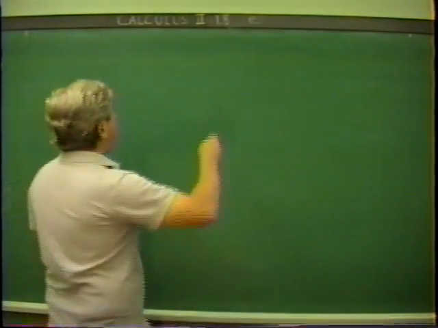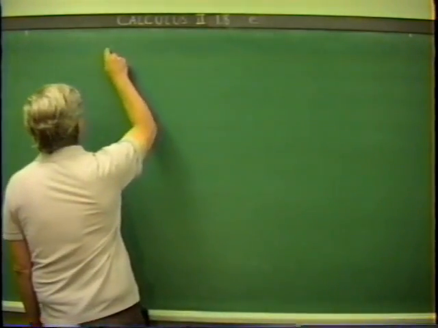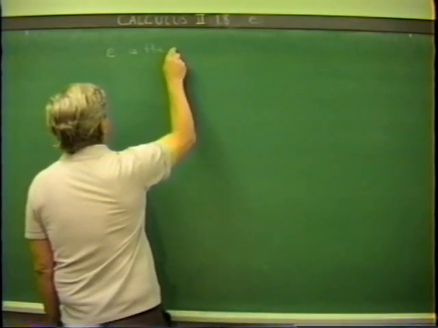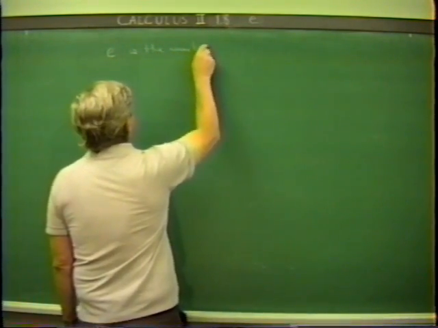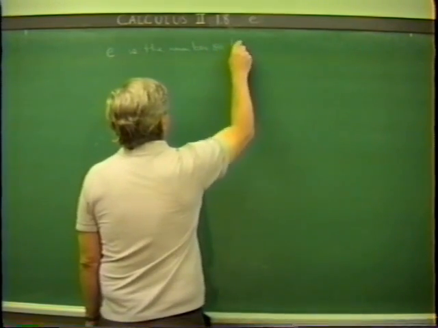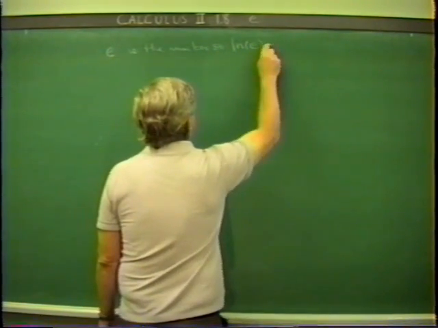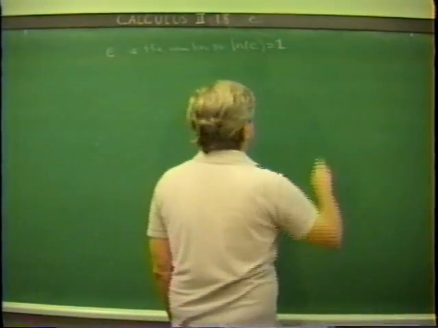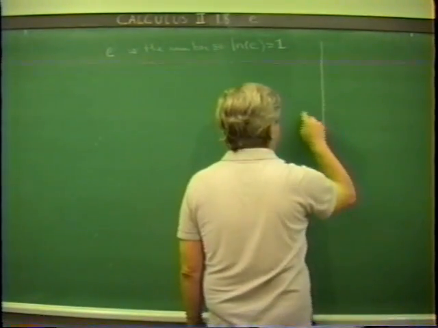Okay, we now want to show that this exponent function actually is an exponent, and for that purpose we define the number e. e is the number so that the natural logarithm of e equals 1.